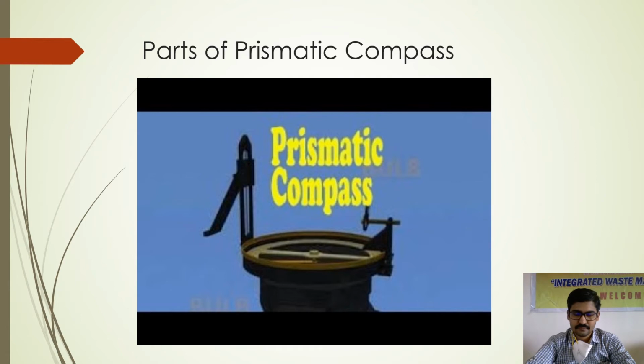Prismatic compass. Let's see the function of different components in prismatic compass. Compass box is a circular metallic box of diameter 80 to 110 mm. Magnetic needle is made of symmetrical bar of magnetized steel or iron.